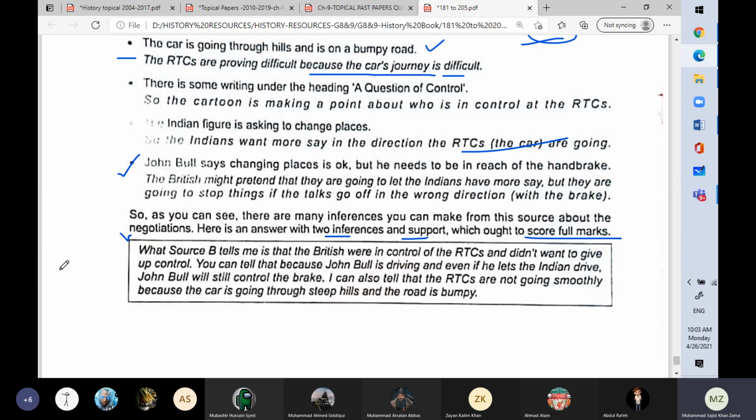Why? Because the Indians and the British were not coming to any agreement, and everyone stuck to their own views. Or take the feature that John Bull is still driving and still wanted control within reach.